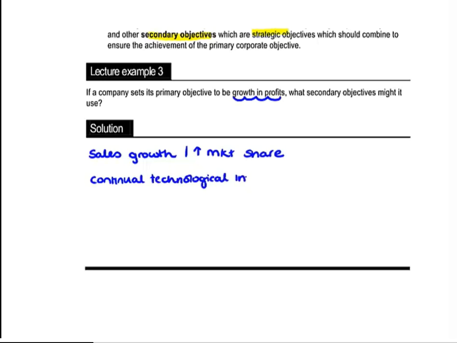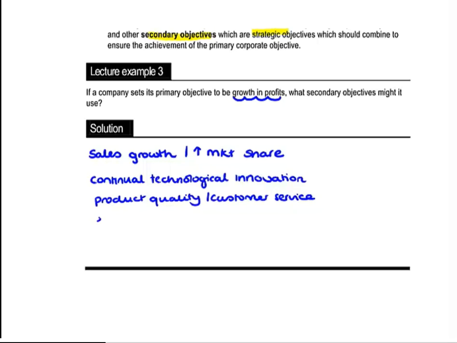So Apple then trying to grow their profits through technological innovation, which is going to lead to sales growth and therefore growth in profits. It could be to do with product quality, so making sure then that you've got a good reputation for quality or customer service, because that might justify higher prices being charged, which could justify higher profits.